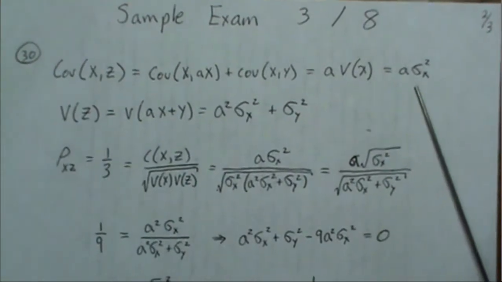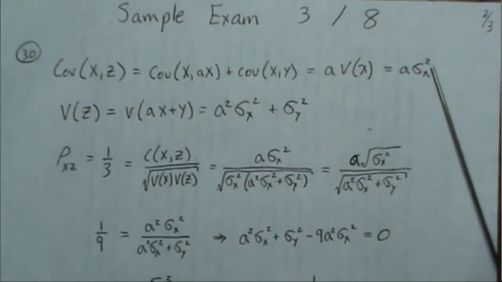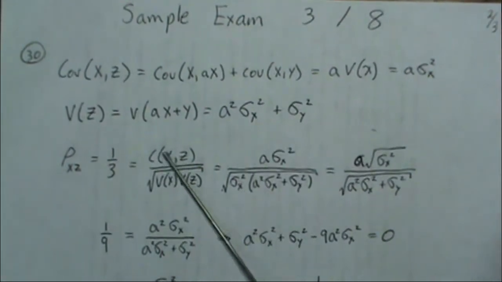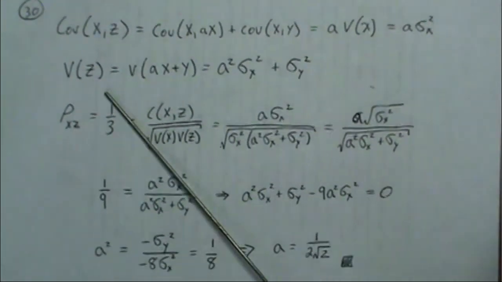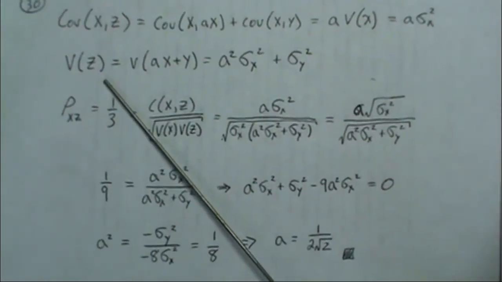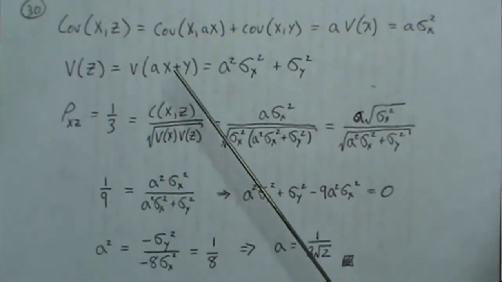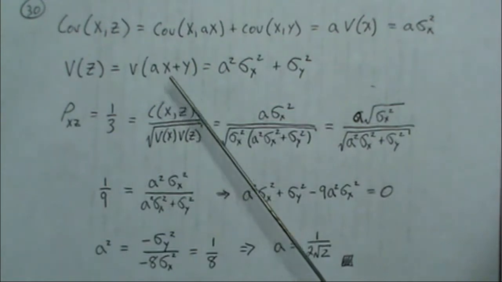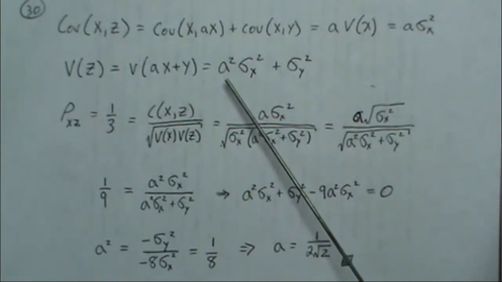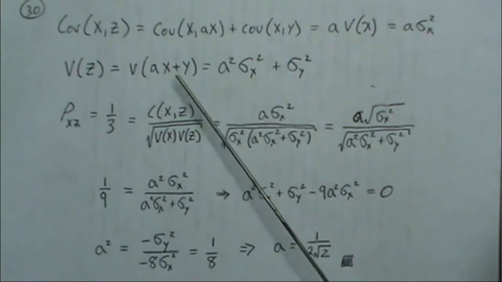Well, we're going to call that a times sigma x squared. So now if we look at just the variance of z, which is this linear combination, then it's the variance of the individuals. So it's the variance of this, but you have to take out a squared, and you get the variance of x squared plus the variance of y squared.